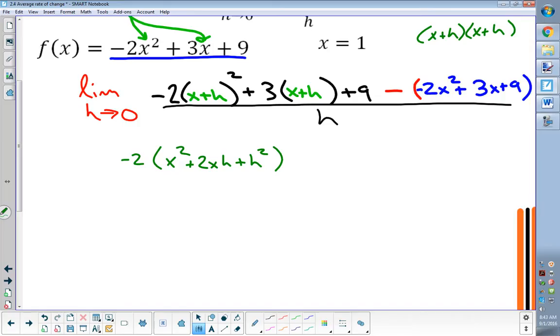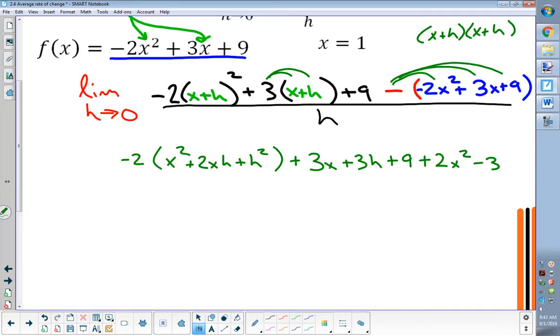Plus, we can FOIL this out, 3x plus 3h plus 9. Distribute the negative to all of these things, so minus 2x squared. It's really plus because it's minus a negative. Minus 3x minus 9, all over h.